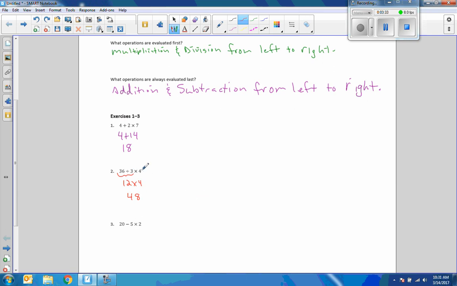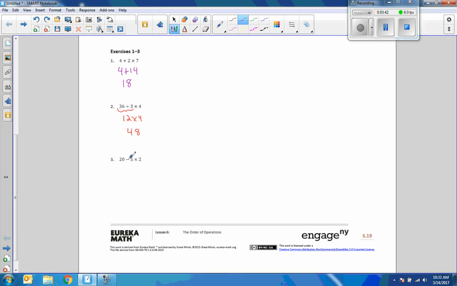Do not do 3 times 4 and get 12 and say 36 divided by 12 is 3. That answer would not be correct. Now we have subtraction and multiplication. The multiplication comes first, so bring down the 20 minus and do not do anything till the second step on that. 5 times 2 is 10. 20 minus 10 is 10.